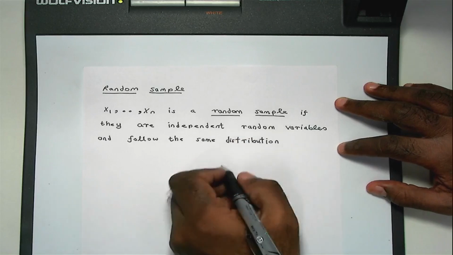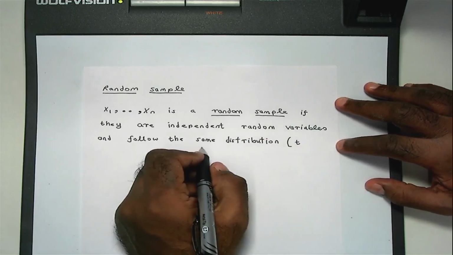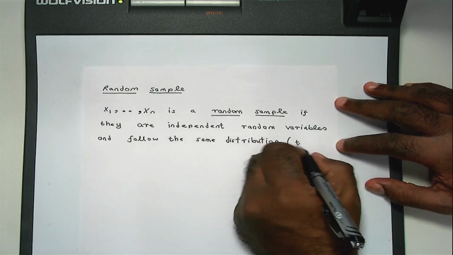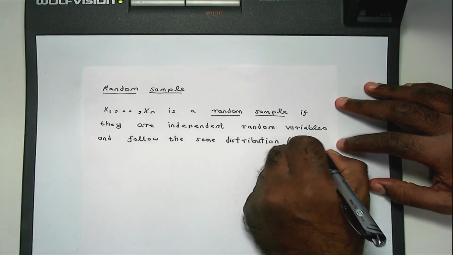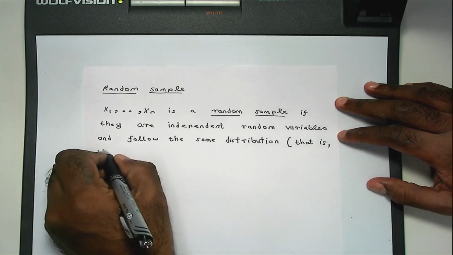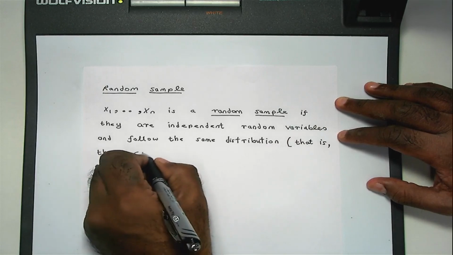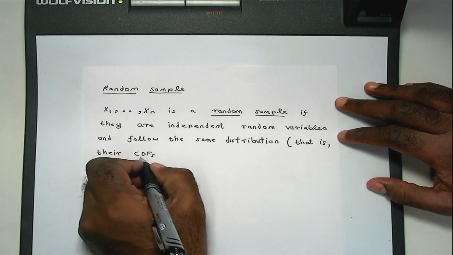When I say that they follow the same distribution, I mean that their CDFs are the same. Remember, CDF is the cumulative distribution function.